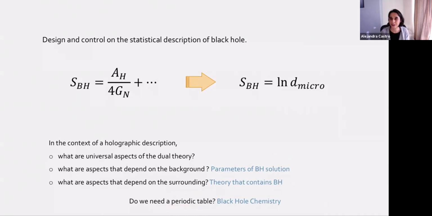Okay, so you can think a little bit in terms of black hole chemistry, that there might be different types of microstates, different types of atoms and protons and electrons, and how do you put them together and how do they affect this description. I'm getting to this part here, okay? So this is the question. Okay, so sorry.